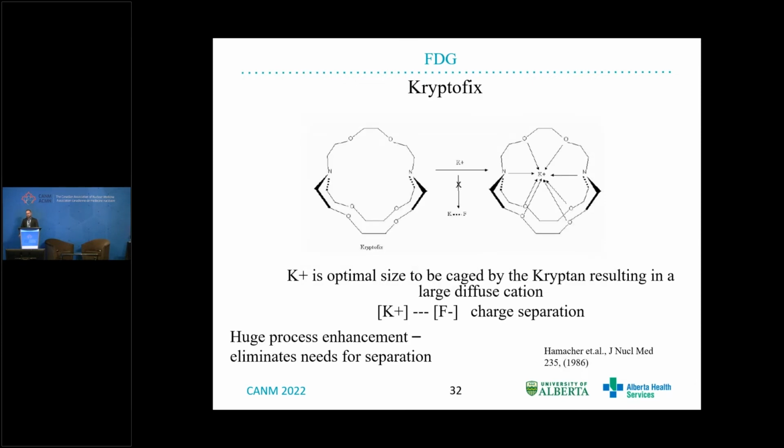So then you also get potassium as your cation, and that can be caged by Kryptofix. So you basically get a very large diffuse cation to your fluoride. So that makes the fluoride more reactive.